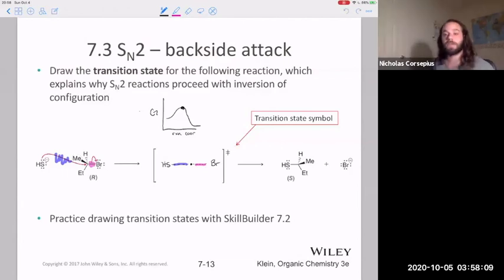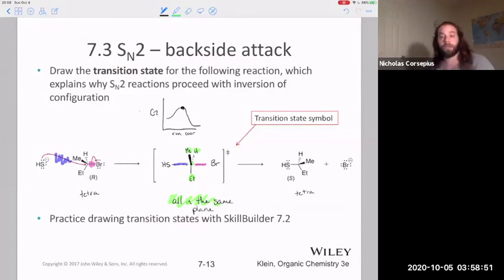So this transition state not only has these half-broken, half-formed bonds, but it also has your methyl group, your ethyl group, and your hydrogen all lying in the same plane, okay? So this is a tetrahedral, this is a tetrahedral, but here, all these atoms that are in green are all in the same plane.